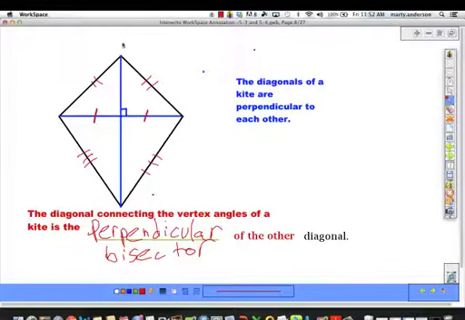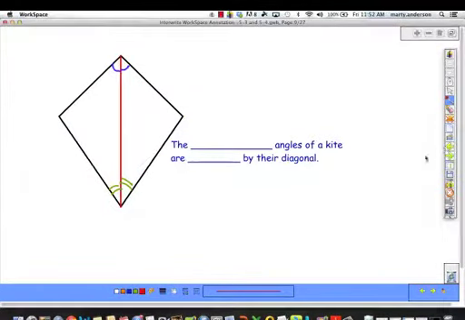So you can see this is a vertex angle, this is a vertex angle. This diagonal here is the perpendicular bisector of the other one. And since this is a right angle here, and since this up here we've got sides, this one is bisected, perpendicular bisector, cuts into two congruent halves and forms a right angle.